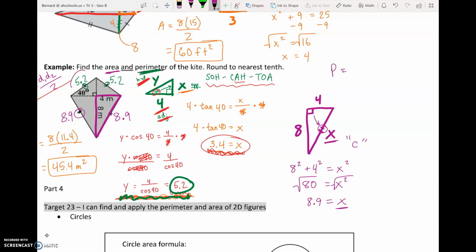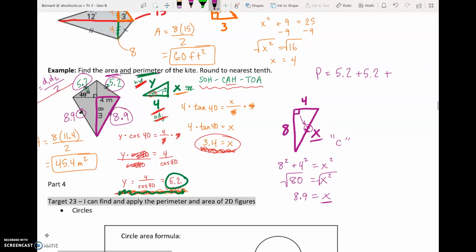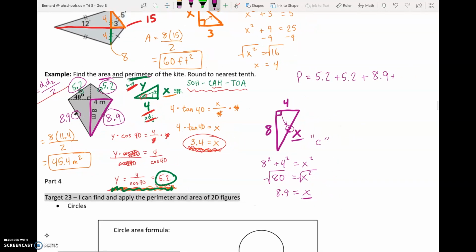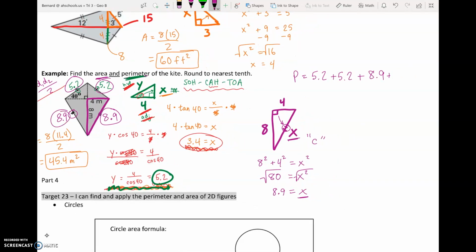Perimeter equals the 5.2 plus the other 5.2 plus 8.9 plus the other 8.9. And so when we add a couple of 5.2s together and a couple of 8.9s together, we will get that our perimeter is 28.3 meters.